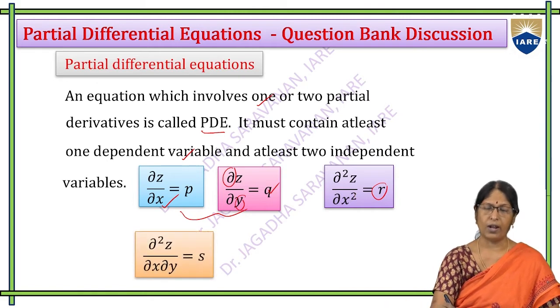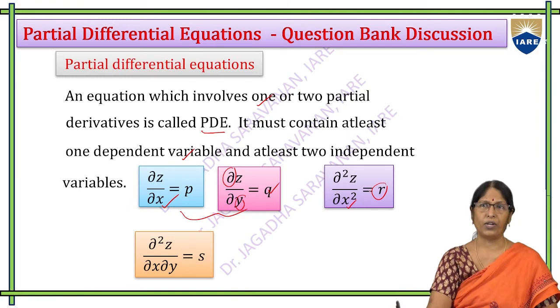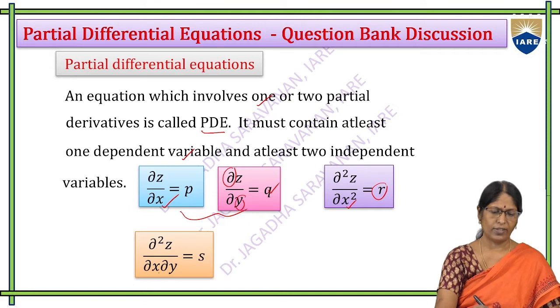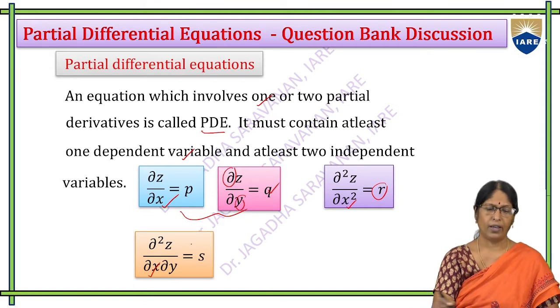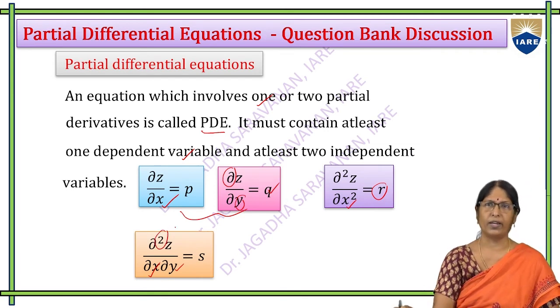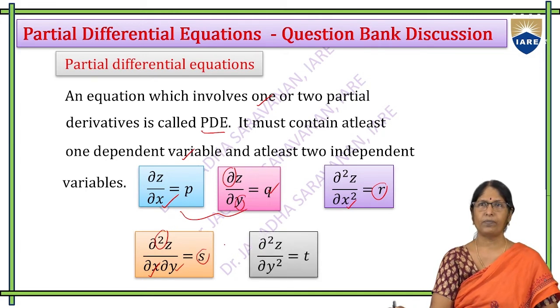Whereas here the notation r which is given is partial differentiation of second order. So what is r? That is the derivative with respect to x two times. Whereas here, first with respect to x and then again with respect to y, so second order, the order 2 is there. This notation is small s.